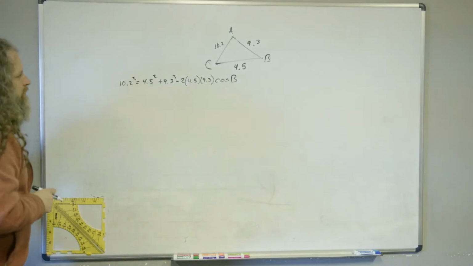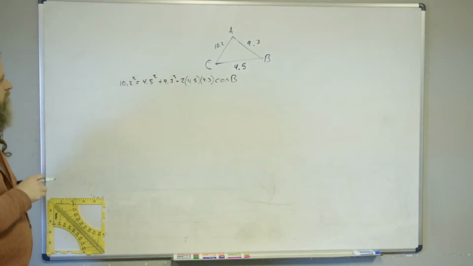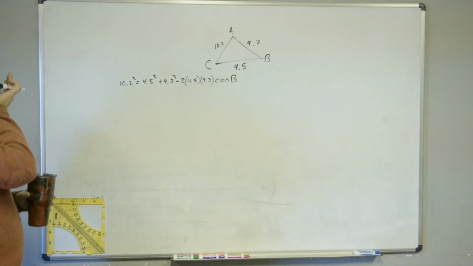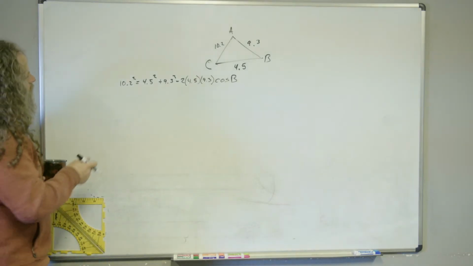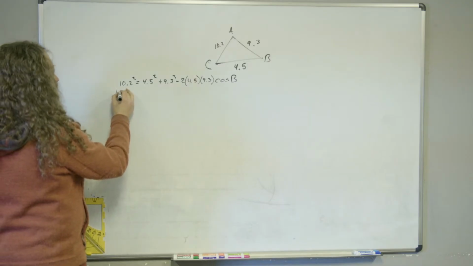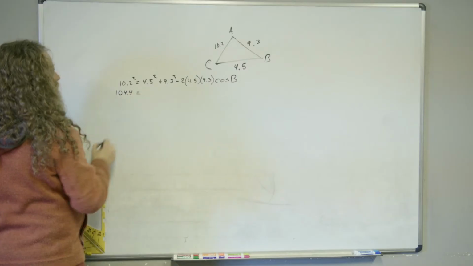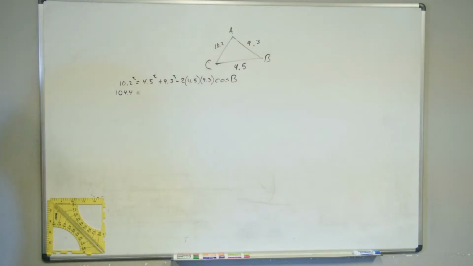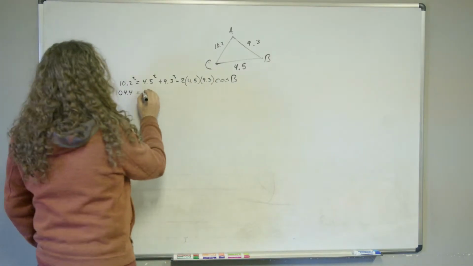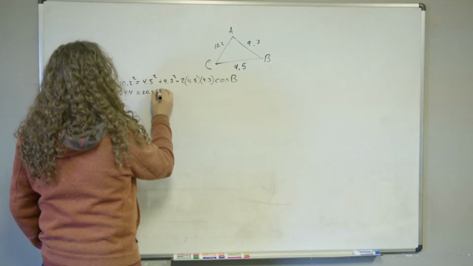So what is 10.2 squared? What's 4.5 squared? 20.25.